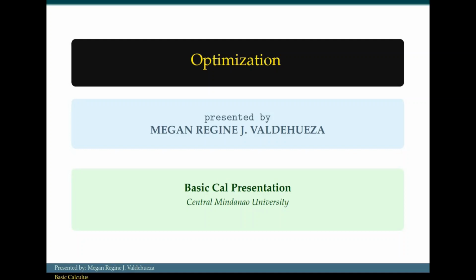Of course, in real life, there are several objectives and variables involved. So in this, we will only be concerned with problems with one objective that depends on controlling only one variable.